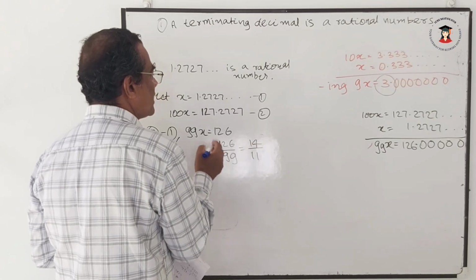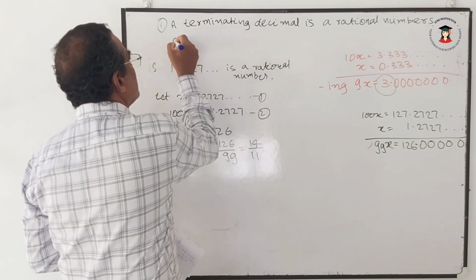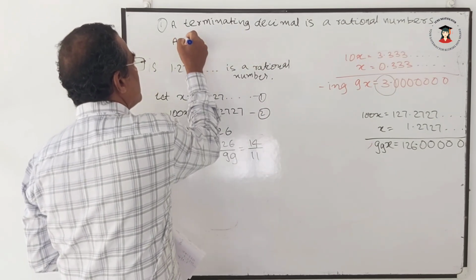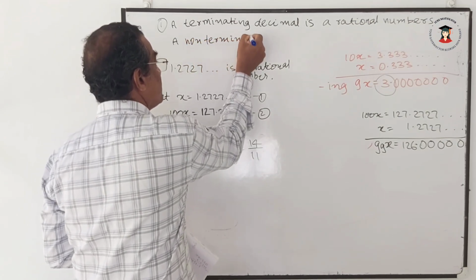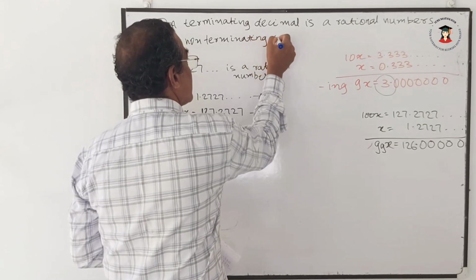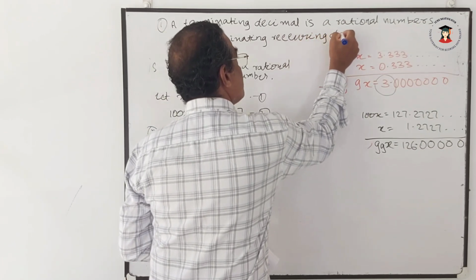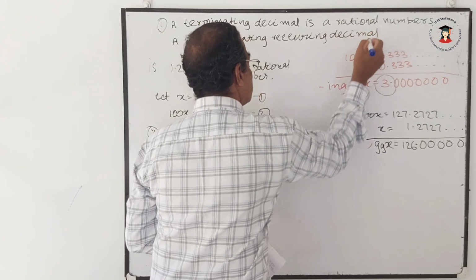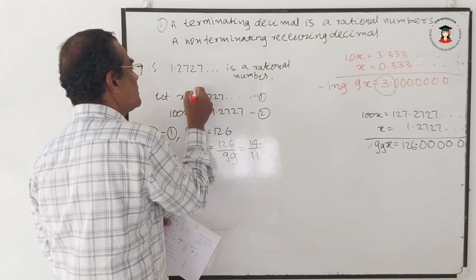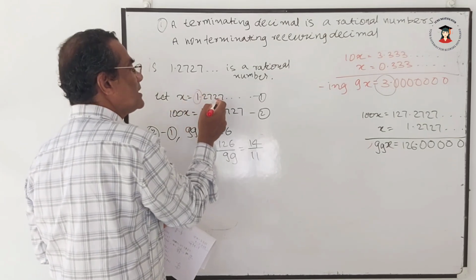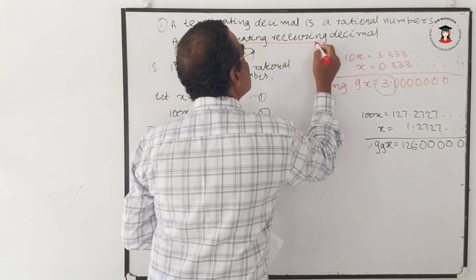So here again we obtained that this is again a non-terminating recurring decimal, even though one is not repeating, this decimal is again considered as a non-terminating recurring decimal.